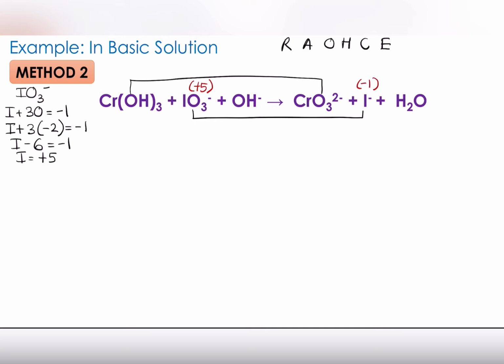So from +5 to -1, kita nampak dia ada pengurangan dari bilangan oxidation number. So what will happen? IO3- will undergo reduction. So for reduction, I put reduction dalam kurungan R. And then untuk bahagian Cr(OH)3, dia akan mengalami proses oxidation.